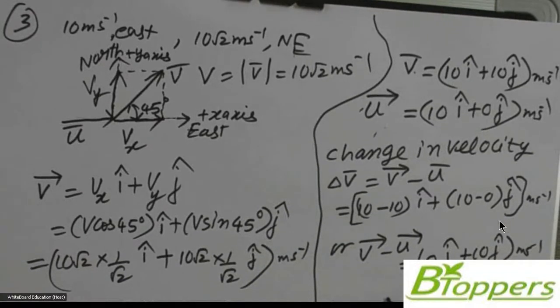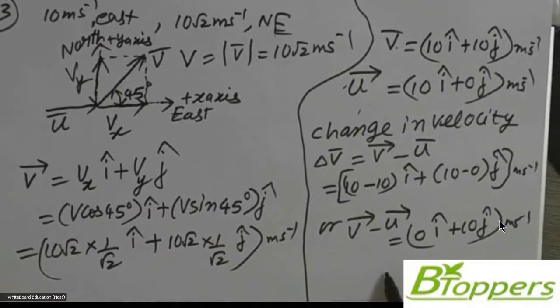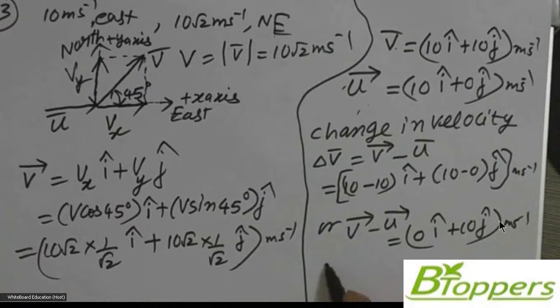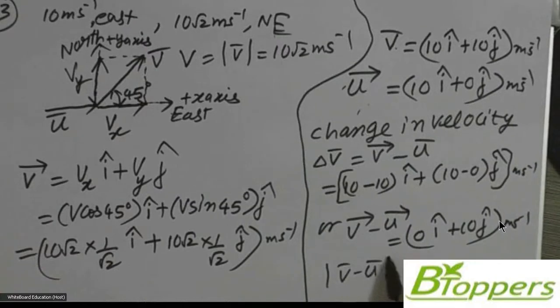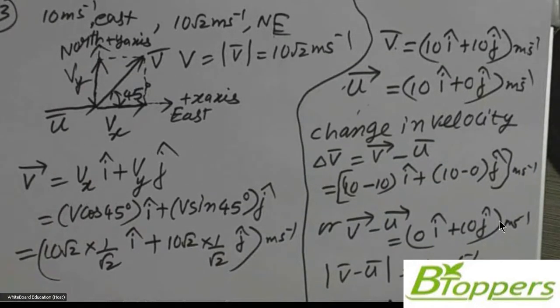That means the change in the velocity vector has no component along the x-axis and it acts along the y-axis. So the modulus of v bar minus u bar will be equal to 10 meter per second. And the direction of the change in velocity will be in the direction of the unit vector j cap.